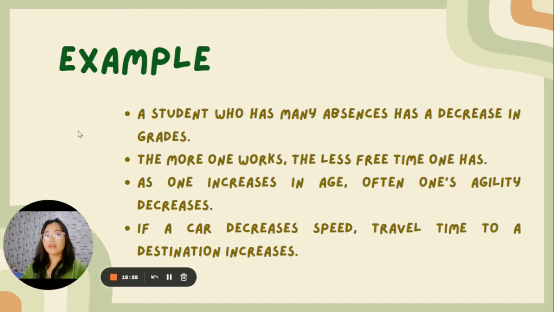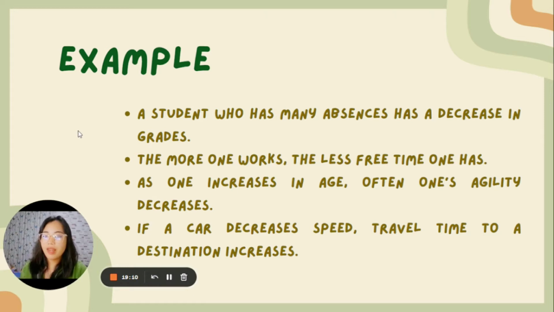For the perfect negative correlation, an example relationship: a student who has many absences has a decrease in grades. The more the student is absent, the more his grade decreases. So this example sounds like it makes sense, but the keyword here is a student who has many absences.